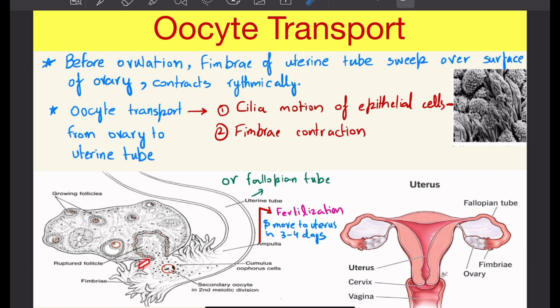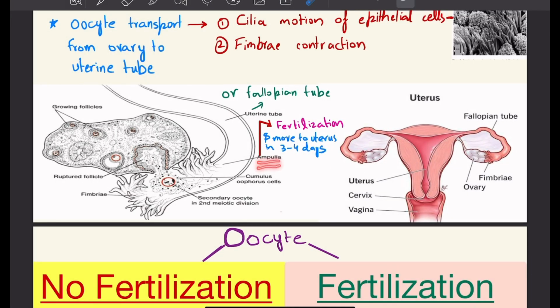Here are the fimbriae of the uterine tube that sweep over the surface of ovary. And here are the epithelial cells that contain cilia of the uterine tube and help in the movement of oocyte. In the ampullary part of the uterine tube, fertilization occurs and the zygote moves to uterus in 3 to 4 days. Here are the ovaries. Here is the fimbriae. Here is the uterine tube or fallopian tube or oviduct.